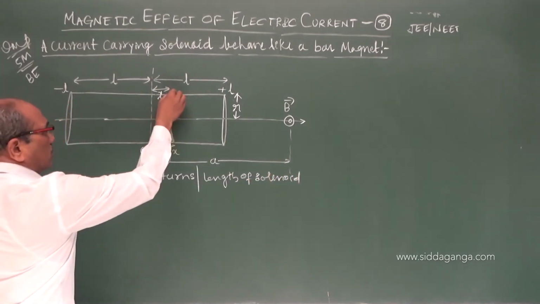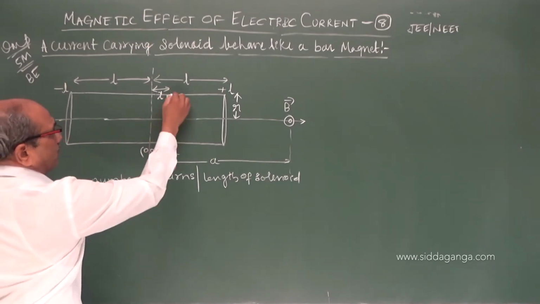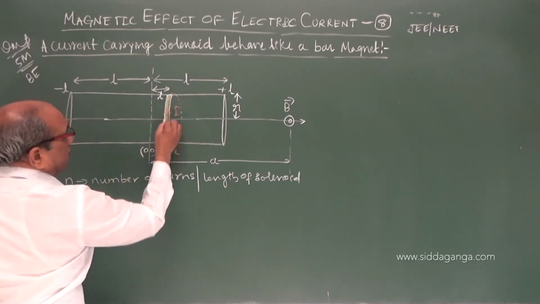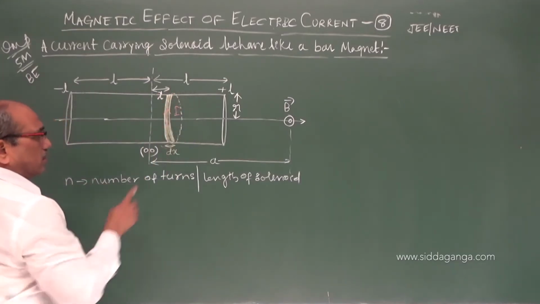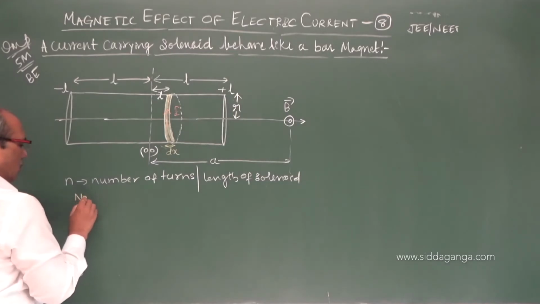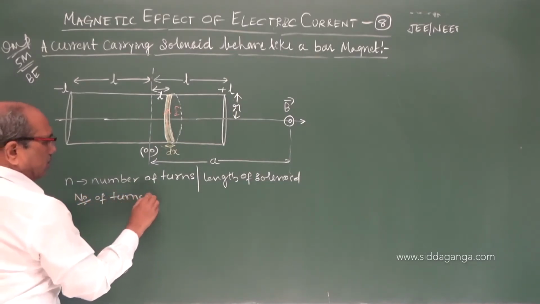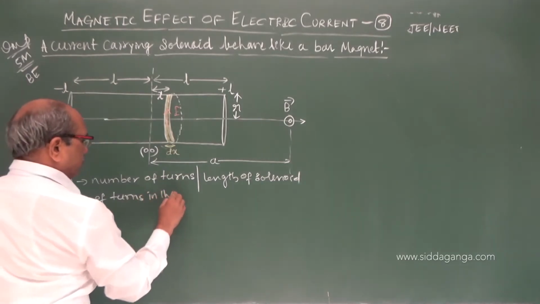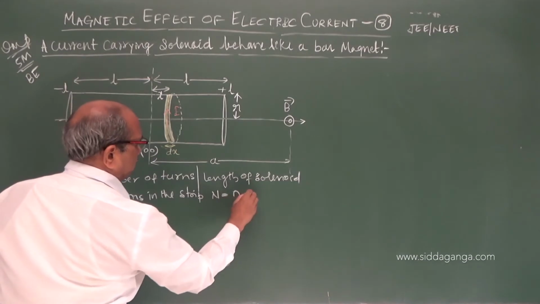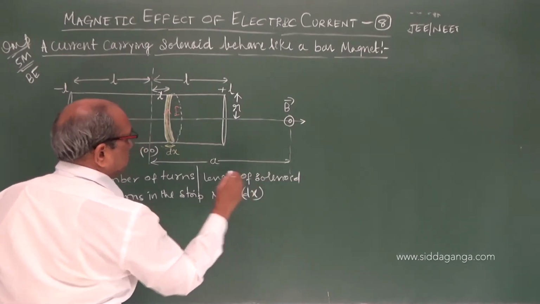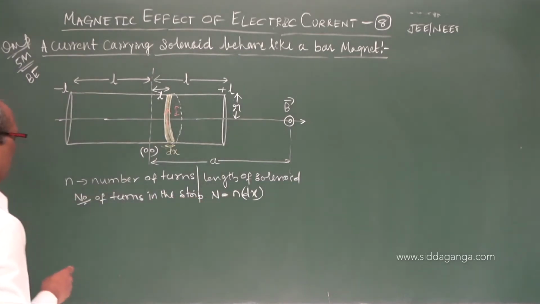Imagine this strip of thickness dx is behaving like a loop, acting like a coil having some turns. The number of turns in the strip is n into dx, because dx is the thickness of the strip and per unit length the number of turns is n.